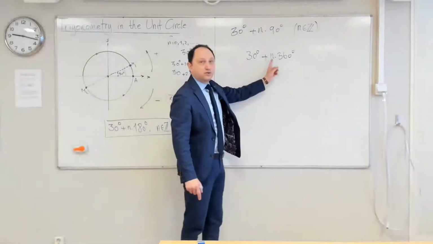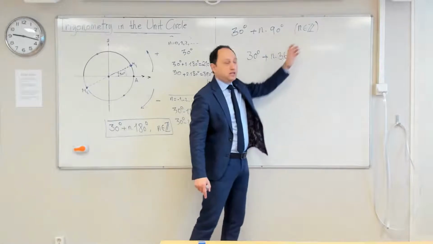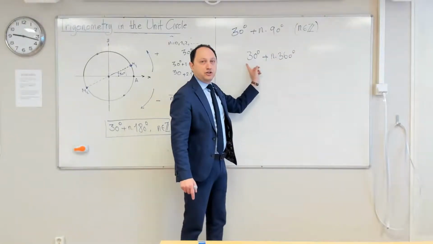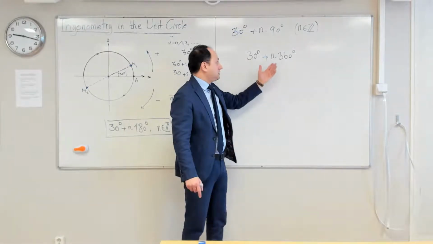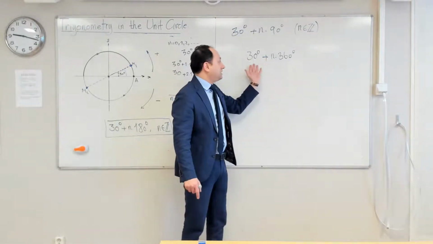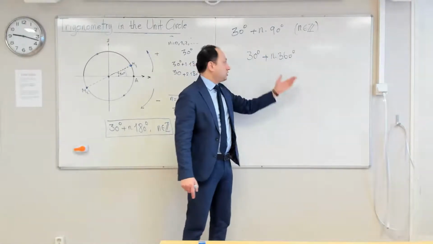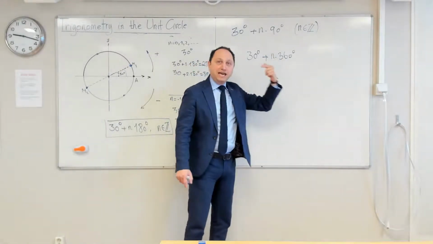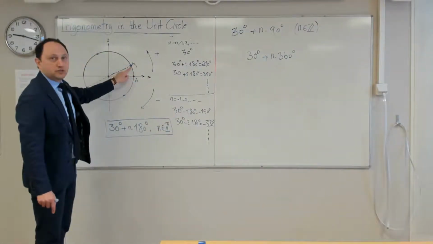You are not allowed to give n equal to 1/2 because n should be an integer. So if you put 0, you get 30. The next step is not 1/2, it is not 1.5. It is 1. And after 1, it is 2. So this formula is capable of only generating these points.